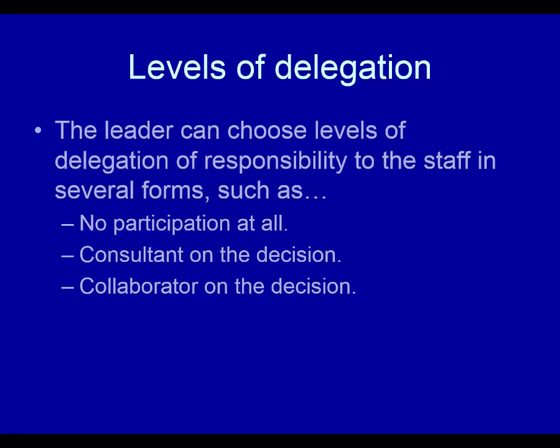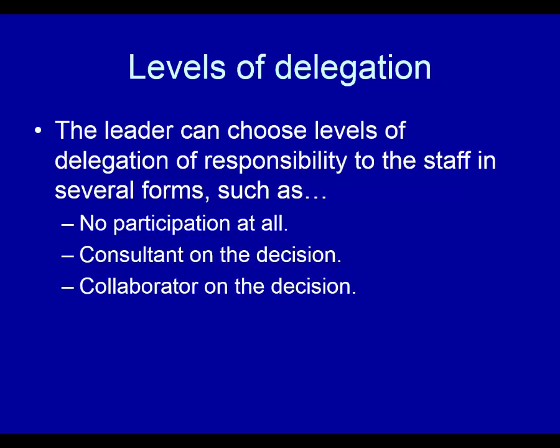Let's think of levels of delegation that one might engage in as the leader. The leader could choose, for example, for the staff, no participation at all. The leader makes the decision alone, in other words. Number two, the staff could be consultants on the decision. That is to say, as the leader, you ask the staff for recommendations and you take them seriously.